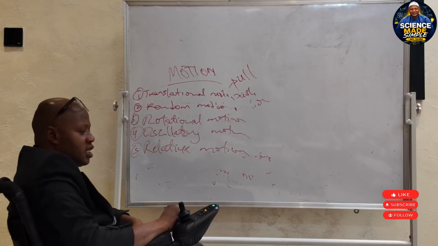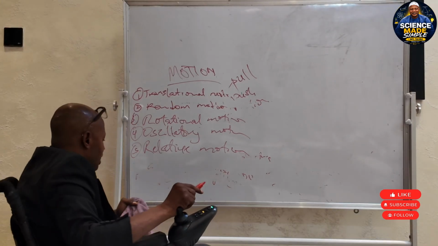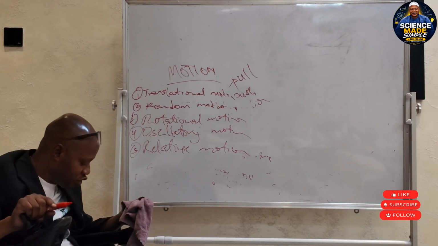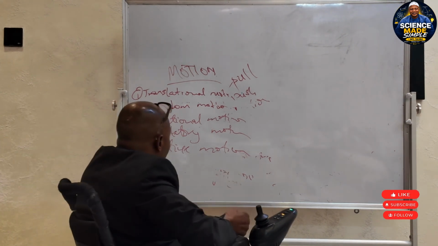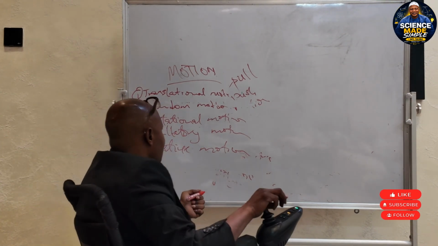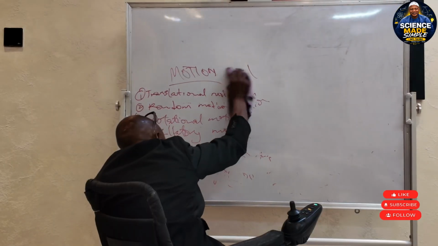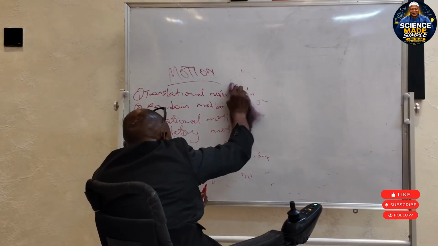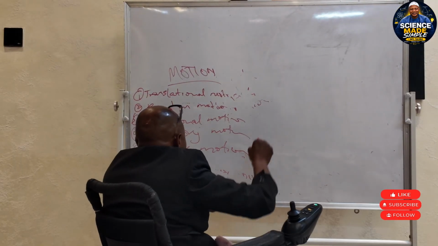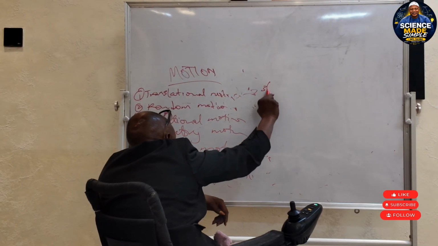Translational motion. This is the motion of a body in a specified direction. That is, we can say the motion of a body in a straight line when you can easily define the direction.